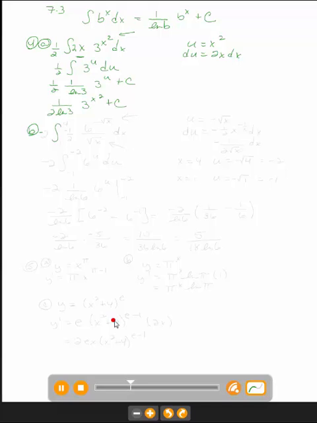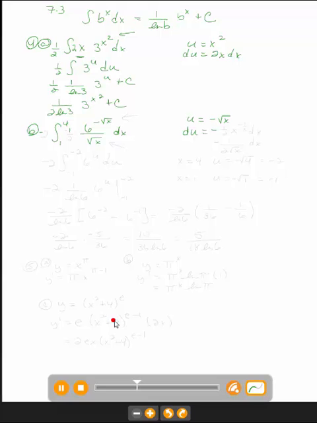Now this one's a definite integral from 1 to 4, 6 to the negative square root of x over the square root of x dx. Again, we're going to pick our u to be the exponent. And remember, that's x to the 1/2.